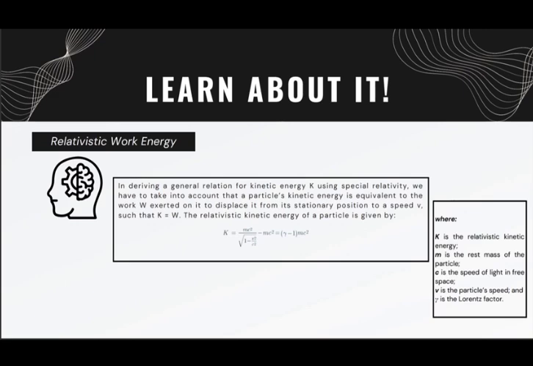In deriving a general relation for kinetic energy using special relativity, we have to take into account that a particle's kinetic energy is equivalent to the work exerted on it to displace it from its stationary position to a speed, such that K is equal to W. The relativistic kinetic energy of a particle is given by K = mc squared over the square root of 1 minus v squared over c squared, minus mc squared, which is equal to the Lorentz factor minus 1 times mc squared.